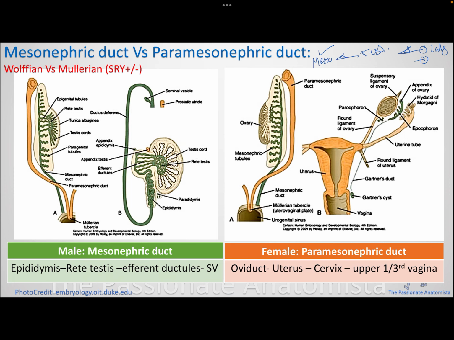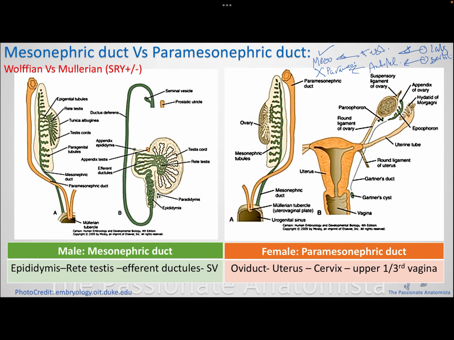Now, if I stimulate the Sertoli cell, I will release the anti-Mullerian hormone, which is going to cease the proliferation of the paramesonephric duct. Okay, guys, this is very important. Remember, if I have the male gene, that will stimulate the Leydig cell to give me testosterone.